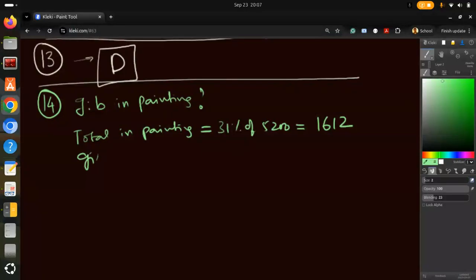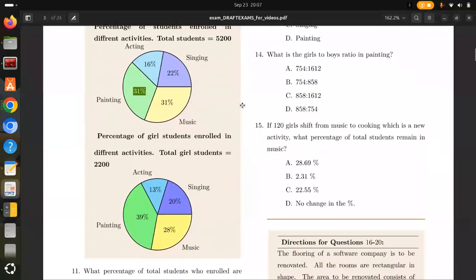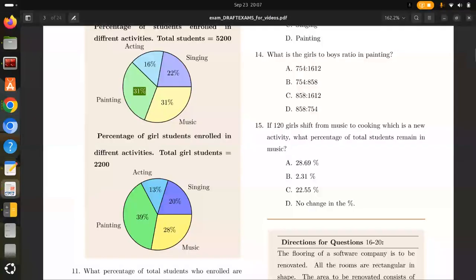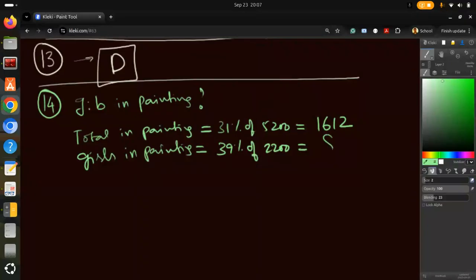Now I will say girls in painting. What is the girls in painting? Now I just look here, which is 39% of 2200. So 39% of 2200 comes out to be 39 into 22, 858.